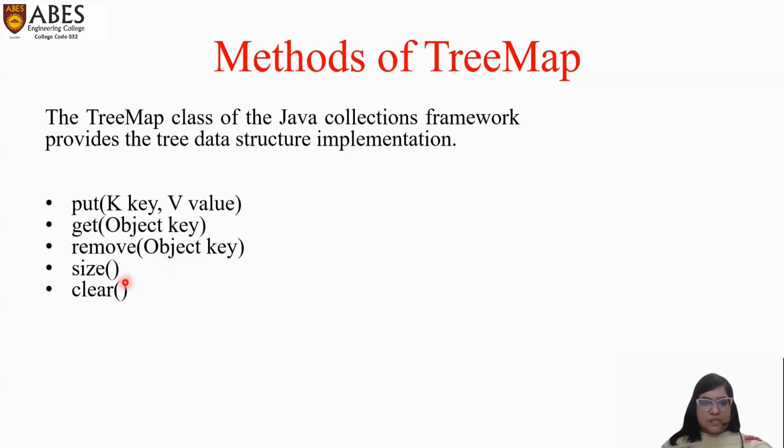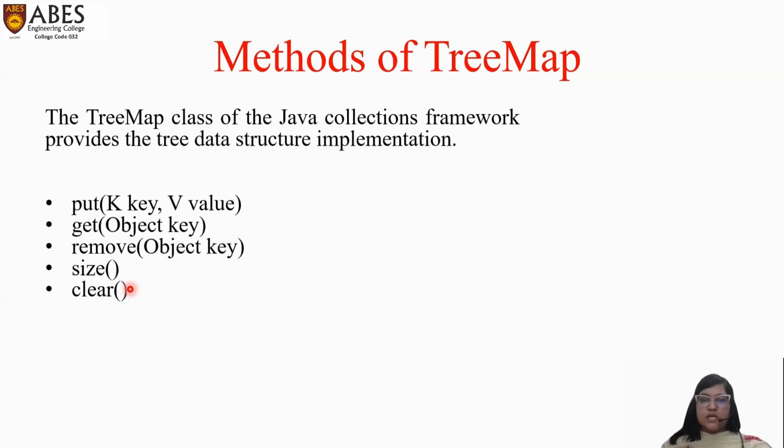Next, we have the size method. The size method returns the number of key-value mappings present in the map. And we have the clear method. This method removes all of the mappings from the map, and that's all about the different methods of TreeMap.